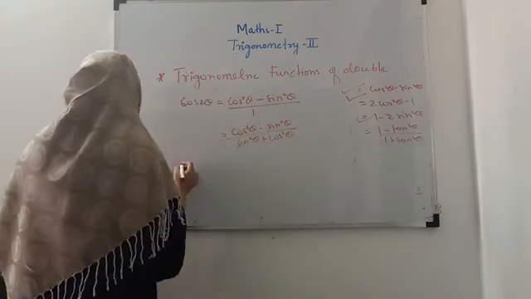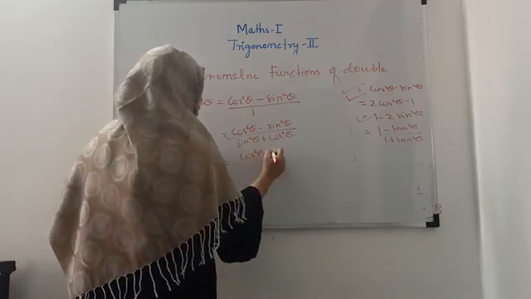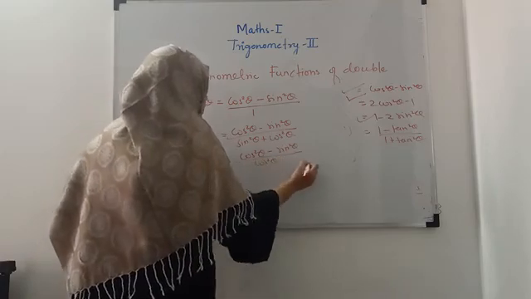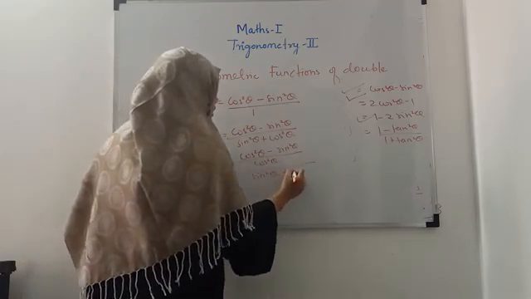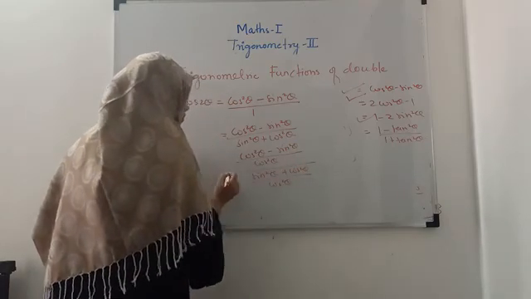Now same, multiply and divide by cos square theta. So here you will get cos square theta minus sin square theta divided by cos square theta, whole divided by sin square theta plus cos square theta divided by cos square theta.